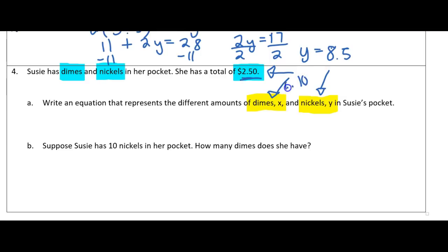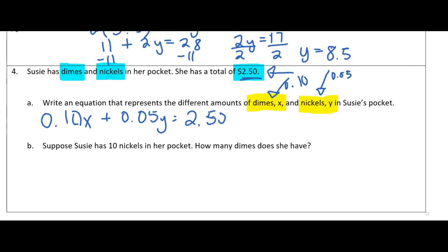And nickels, since they're worth 5 cents, it'd be 0.05 for my nickel. So starting with my x variable, I have 0.10x plus 0.05y equals my total, 2.50. Okay, so there's your equation.